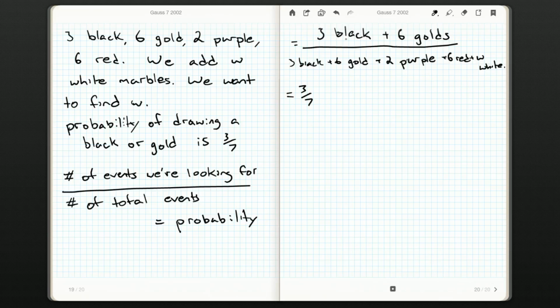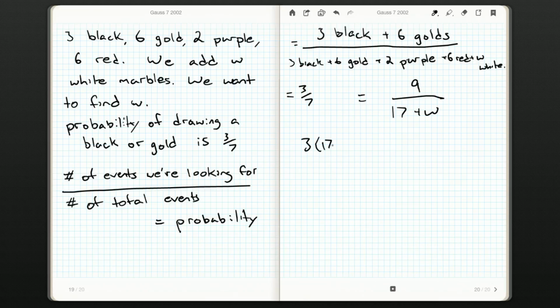If we clean up on top, we don't consider them blacks or golds, we just consider them marbles. We have 9 on top, and then on the bottom 3 plus 6 plus 2 plus 6 plus W. So 3 plus 6 is 9, plus 2 is 11, plus another 6 is 17, plus W. So we know 3 over 7 is the same as 9 over 17 plus W. To figure that out, we can cross multiply.